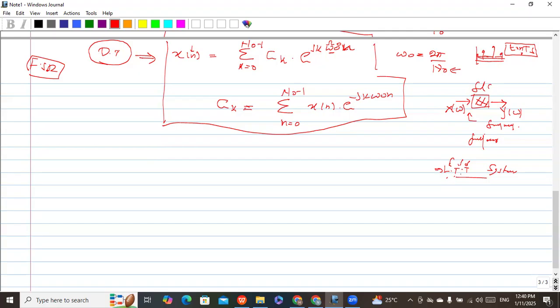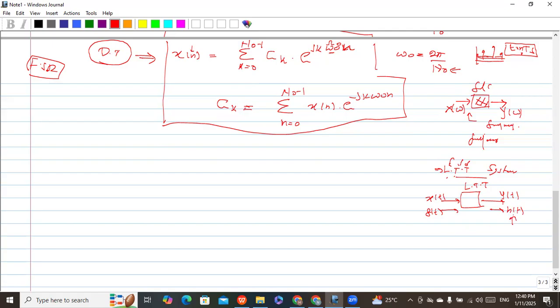What is the meaning of linear time invariant? If you consider a linear time invariant system and you give an input to this system, you have an output. And if you give an impulse to this system, you have an output; let's say that output is h(t). This h(t) is referred to as the impulse response.